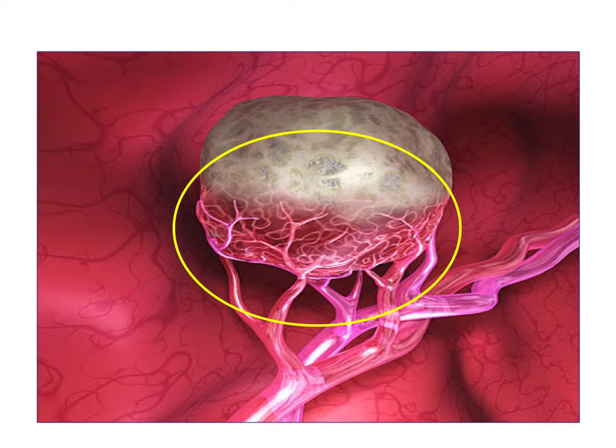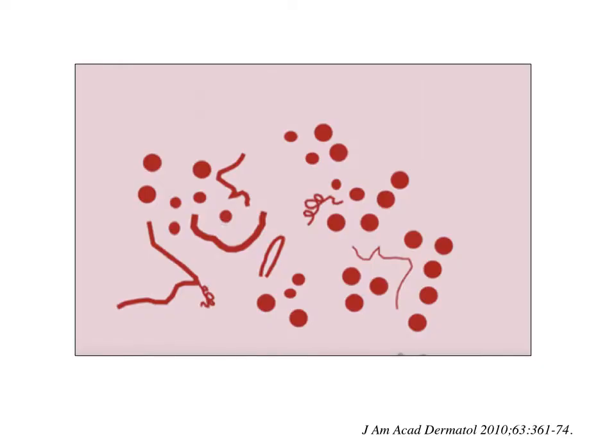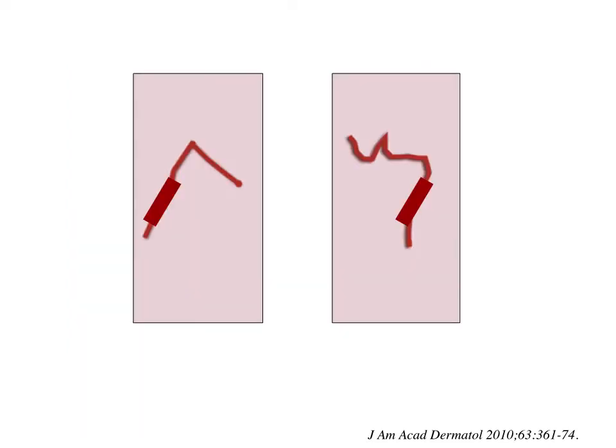These atypical vessels have three different possible definitions. The first one is polymorphous. It means that we have more than two types of vessels within the same lesion. A second possible definition is the presence of linear and irregular vessels. And the third definition is the presence of milky red areas.